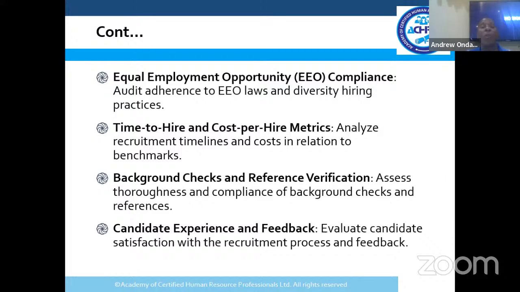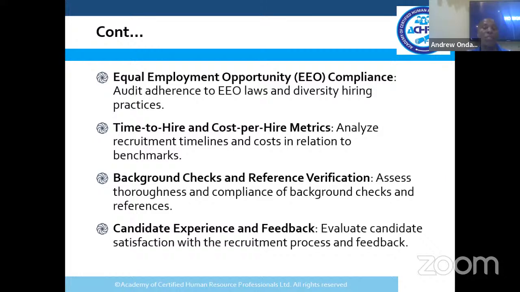That gives people confidence, especially those who are applying for the first time, that they stand a chance of being employed. And secondly, it shows that there is no discrimination when it comes to matters employment. So equal opportunity employment is one of the compliance issues, especially in public sector. And this is a good practice which is recommended for all sectors.